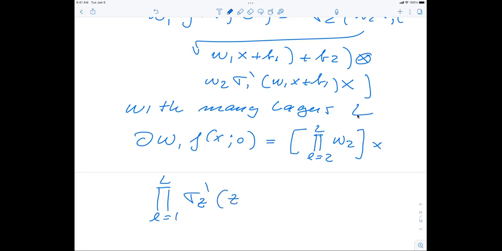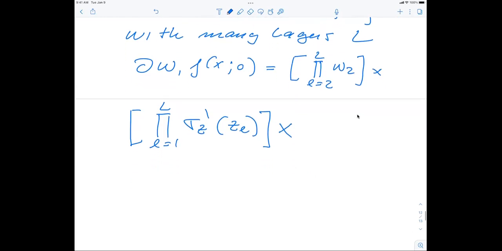And this takes an input, z of L. And then finally, this is actually multiplied with x, because we have the x which comes out here, as you can see. The x here is also repeated in here. So this should be actually multiplied with this quantity here.